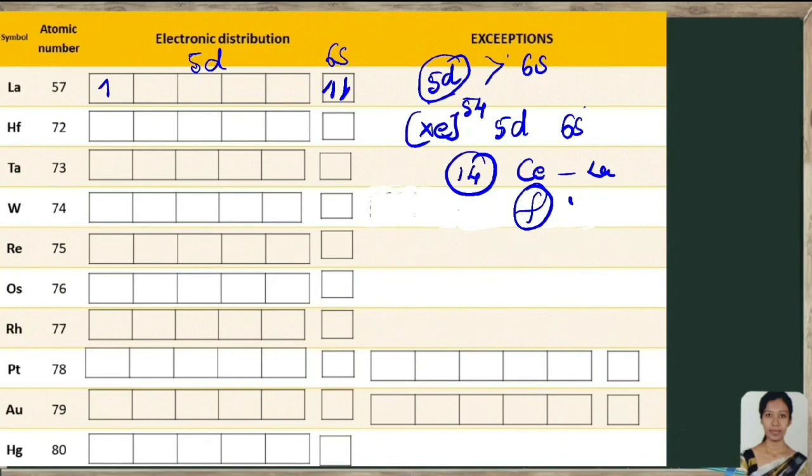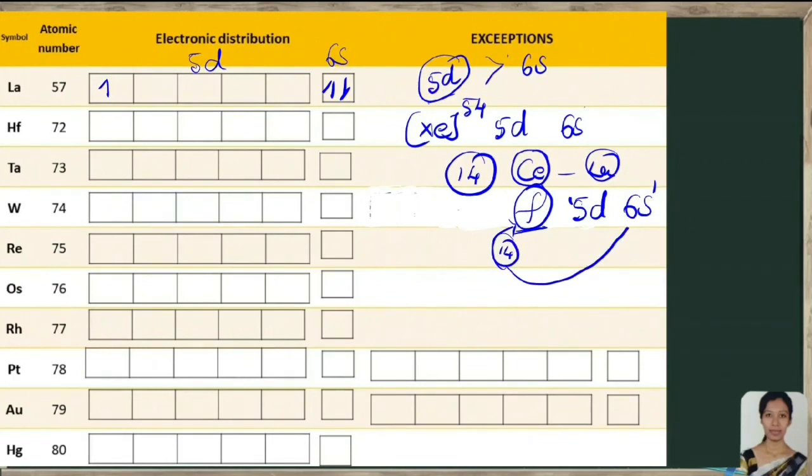After filling of this f orbital, then again 5d and 6s orbitals will take electrons. From cerium to lutetium, 14 electrons will be entering the f orbital, then electrons will move to 6s, and again electrons will come to the 5d orbital. This you have to remember.